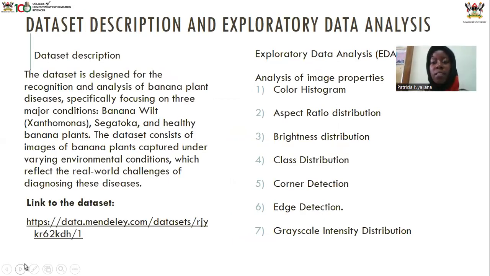Hi everyone, this is Nyakana Patricia, and I'm going to be continuing from where my colleague stopped. So here we are going to go into the dataset description as well as exploratory data analysis. Our dataset was got from this link, from langley.com.